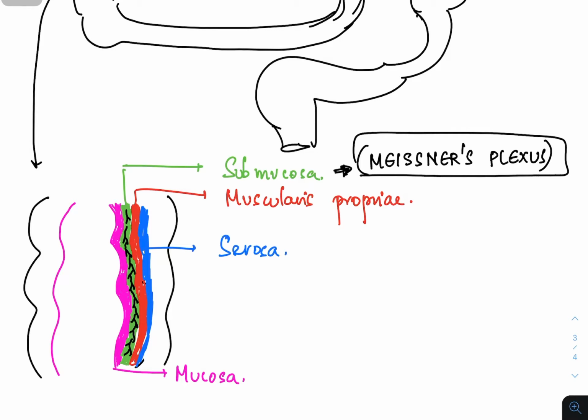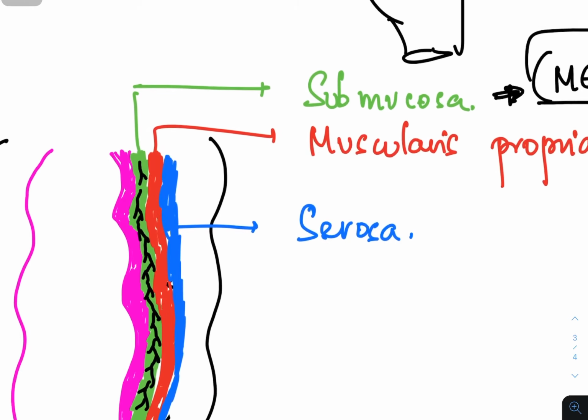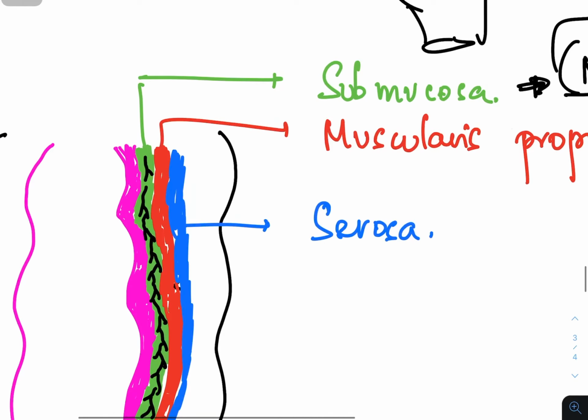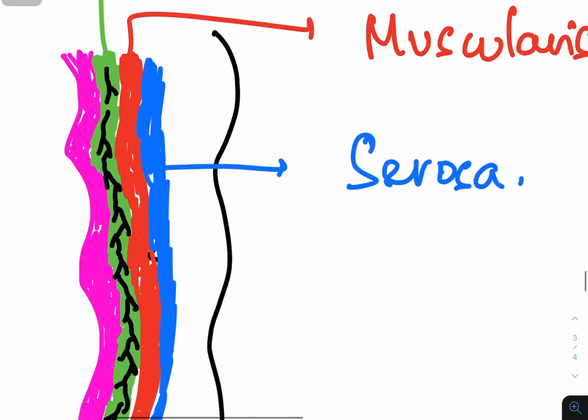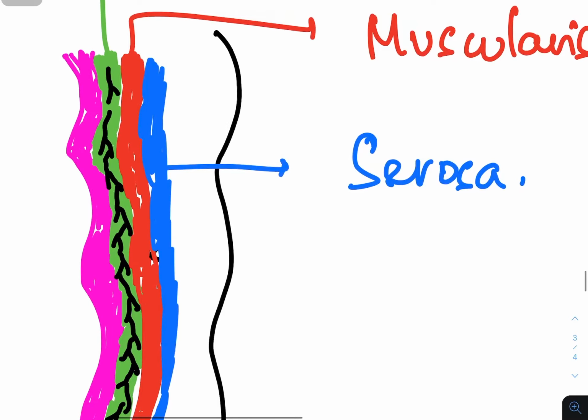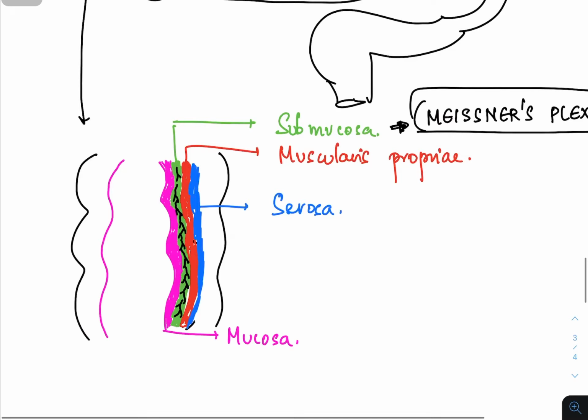This is called Meissner's plexus. Second thing is, there is a second, different type of nervous system in your intestine. The first one is Meissner's plexus and the second type is called Auerbach's plexus. And where is this Auerbach's plexus located?